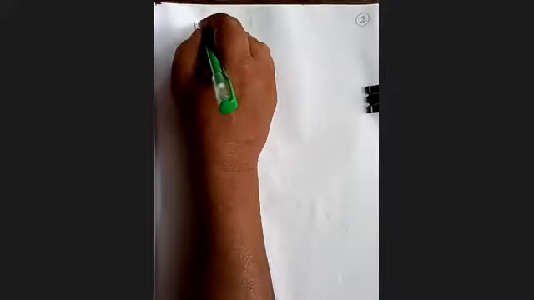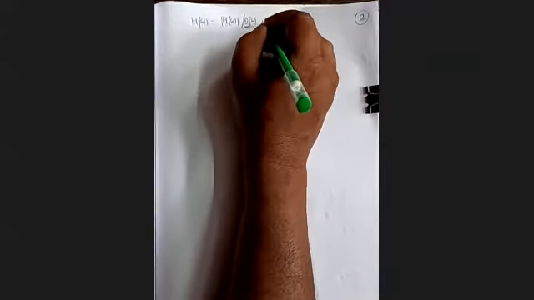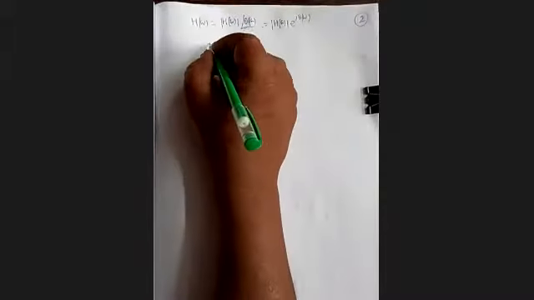For any filter, our H omega equal to, we know, mod of H omega and angle some theta omega, or it is mod of H omega e to the power j theta omega. Here theta omega is what?